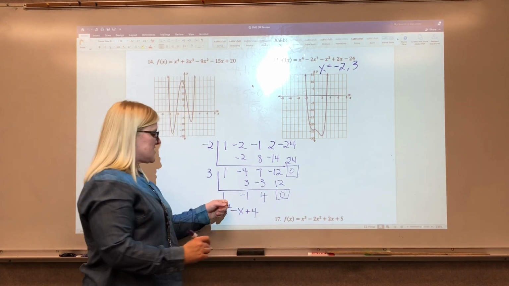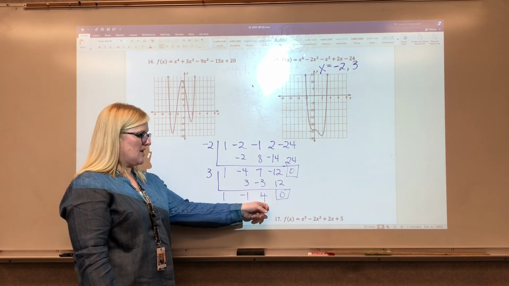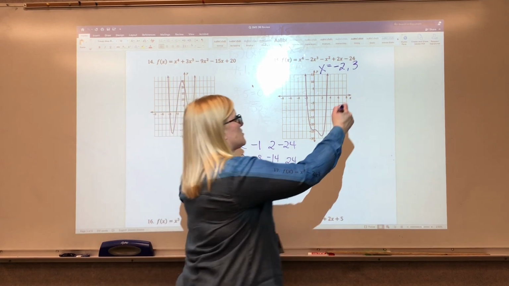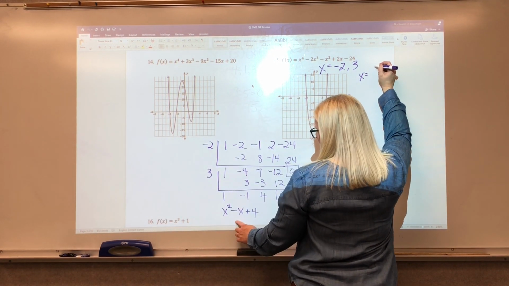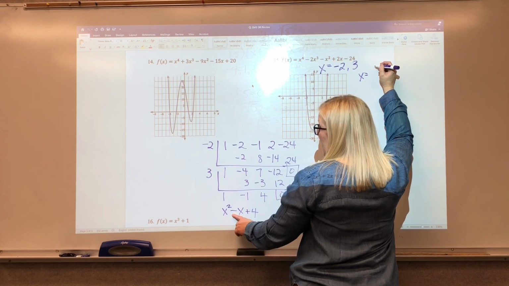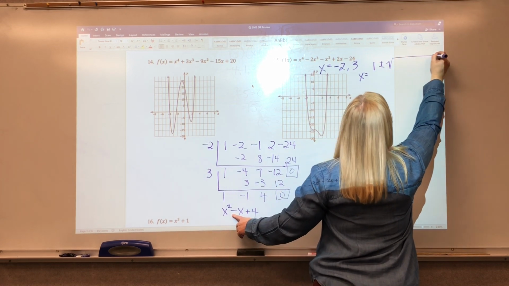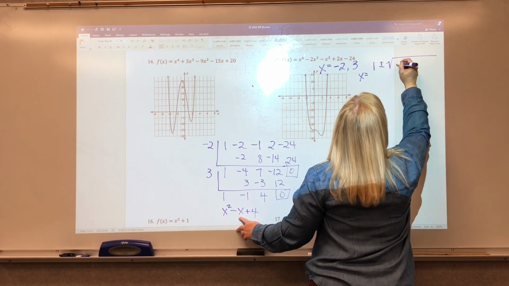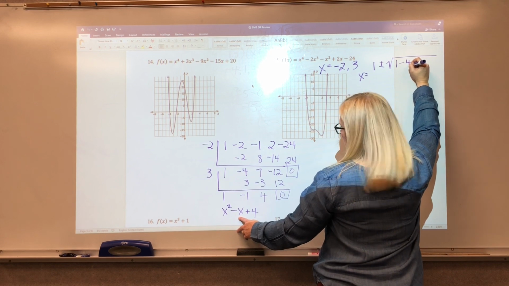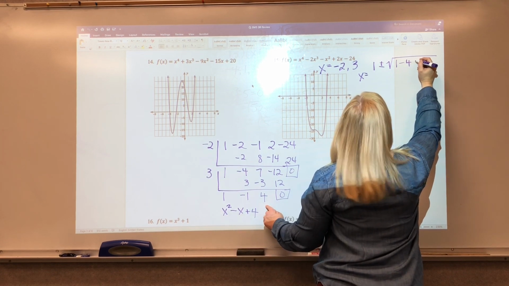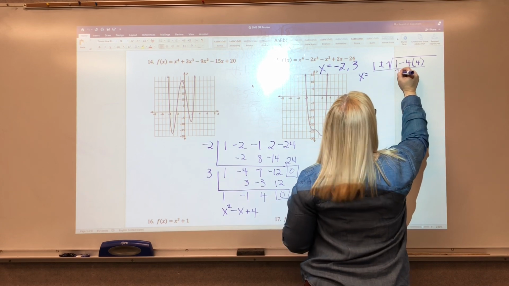But it's kind of nice. This tells me what a, b, and c are. That's a, that's b, and that's c. So I'm going to come over here. X equals -b, so a -1 is 1, plus or minus the square root of b squared, which is 1, minus 4 times a, which is 1, times c, over 2a.